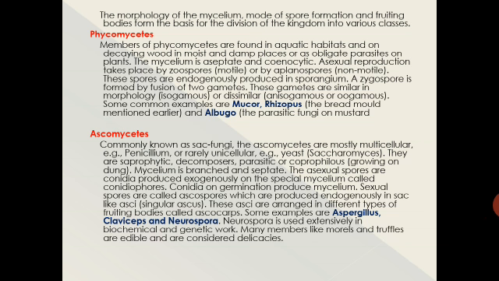Conidia on germination produce mycelium. Sexual spores are called ascospores, which are produced endogenously in sac-like asci. These asci are arranged in different types of fruiting bodies called ascocarps. Some examples are Aspergillus, Claviceps, and Neurospora. Neurospora is used extensively in biochemical and genetic work.